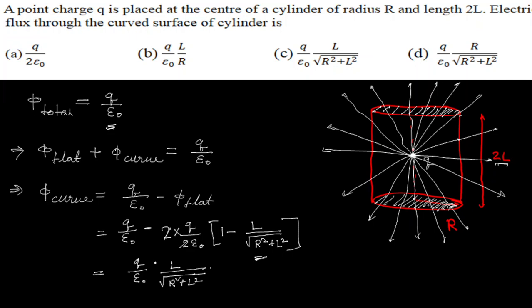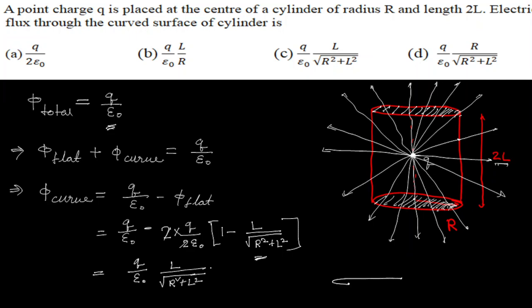And in the exam also you will get this type of question where you can use the standard result to calculate the flux through this type of curved surface. Just to check whether you have understood the concept we have used here to solve this problem, let me give you homework, which will be exactly the same type of question, but you have to do it by yourself.